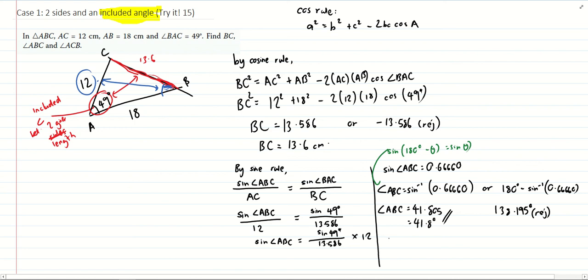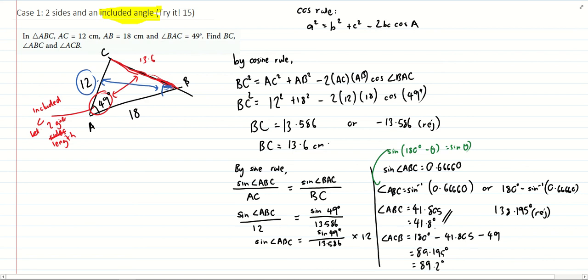Then to find angle ACB, I'll just take 180 degrees minus 41.805 minus 49, and I will get 89.195 degrees, which of course rounds off to 1 decimal place as 89.2 degrees.